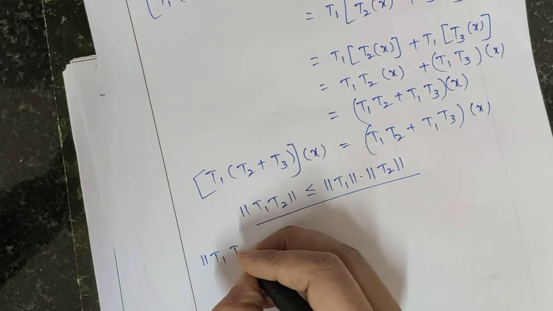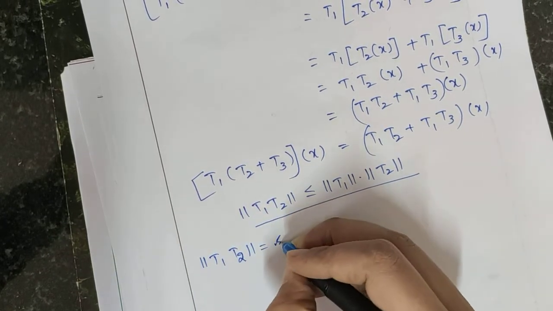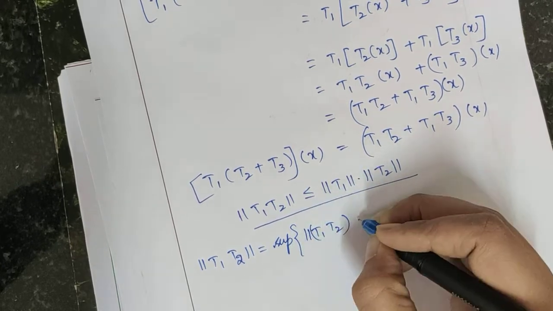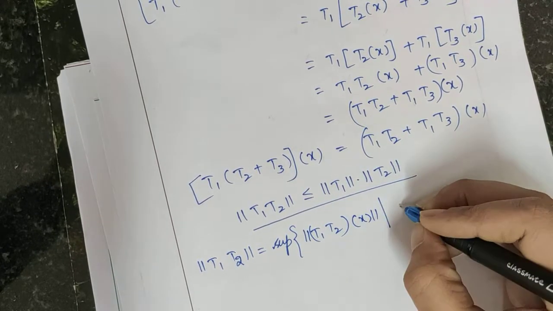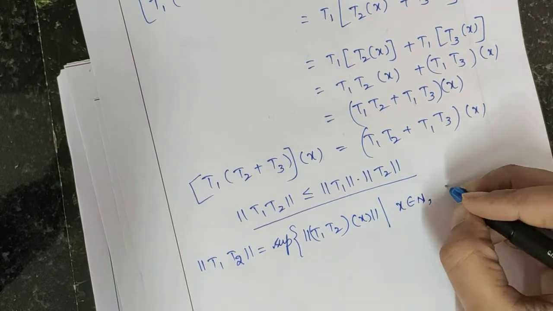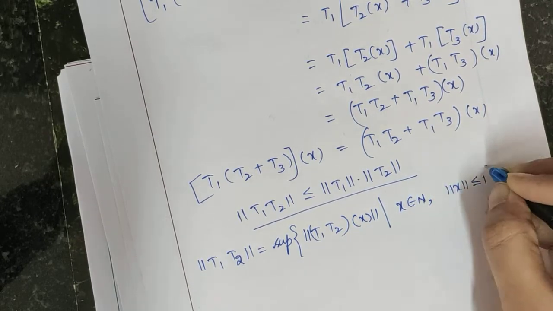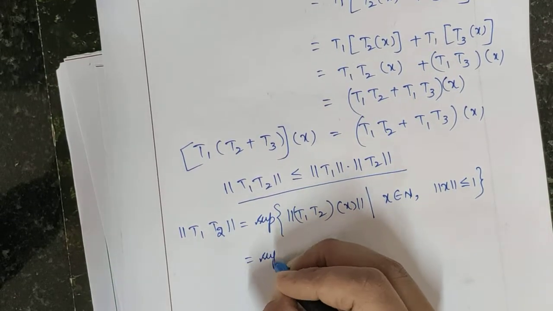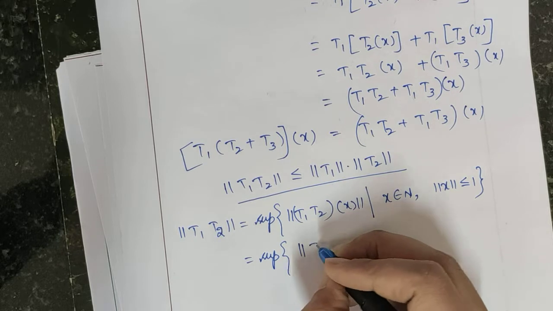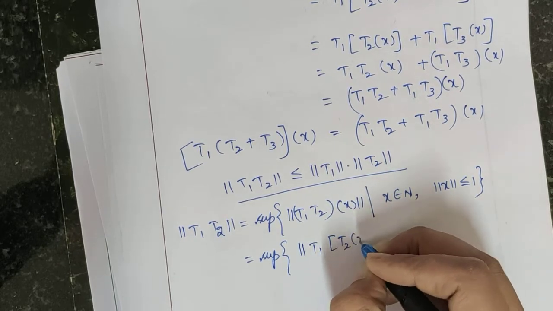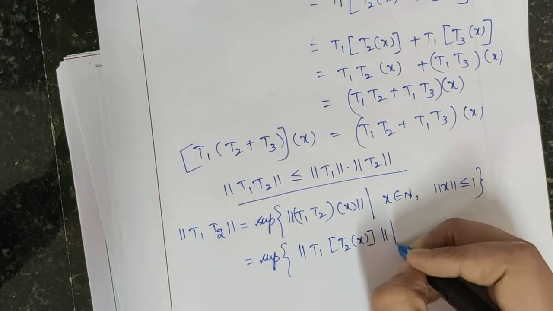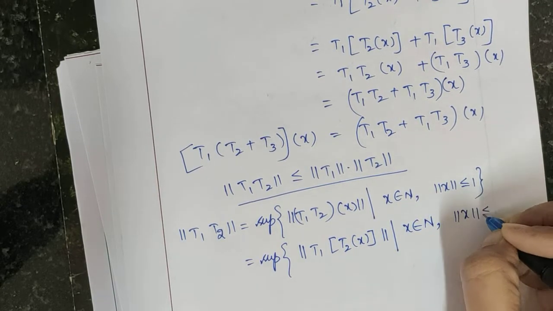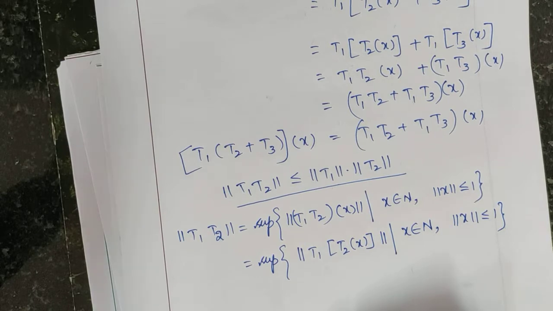Norm T1T2 is equal to the supremum of norm T1T2 of x such that x belongs to N and norm x is less than or equal to 1. So now this will be equal to the supremum of norm T1 into T2 of x such that x belongs to N and norm x is less than or equal to 1.